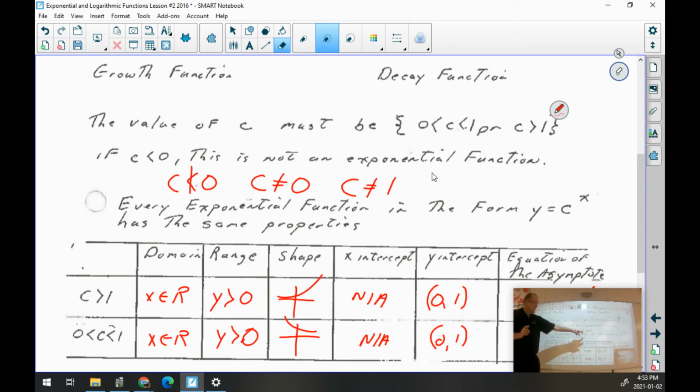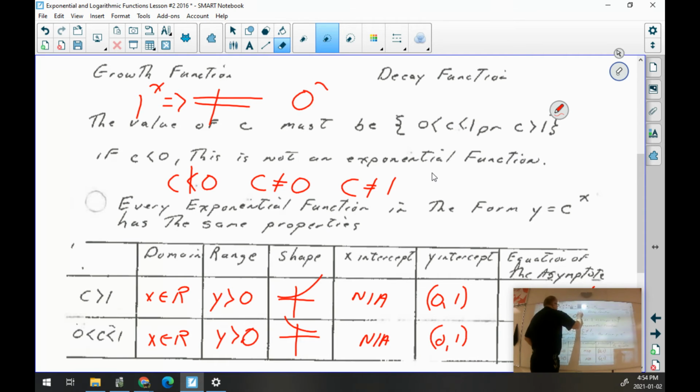Let's talk about why c cannot be equal to 1. 1 to any power is 1. So if you have 1 to the power of x, what you get is a straight line. That's all you get, because 1 to any power is 1. 0 to the power of x is equal to 0, with the exception of 0 to the 0.